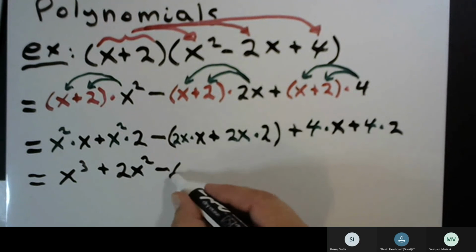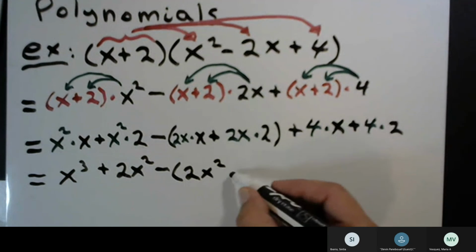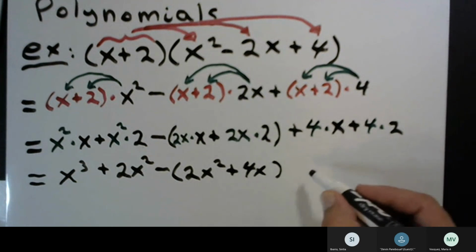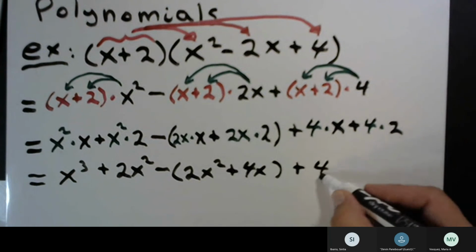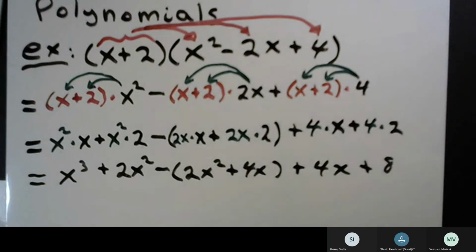We're going to deal with this minus sign here, but this will be 2x squared plus 4x plus 4x plus 8.